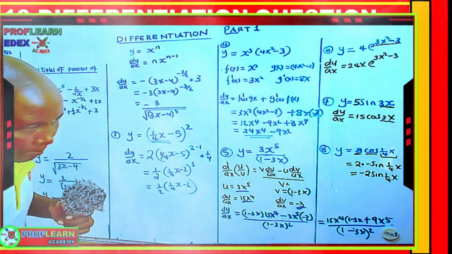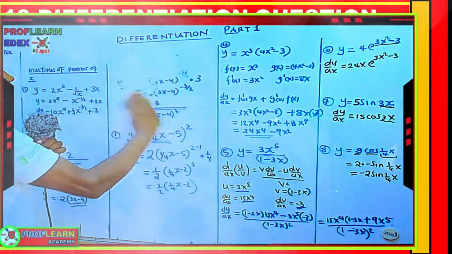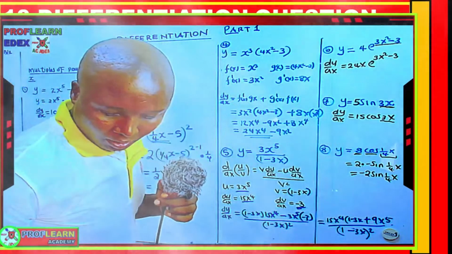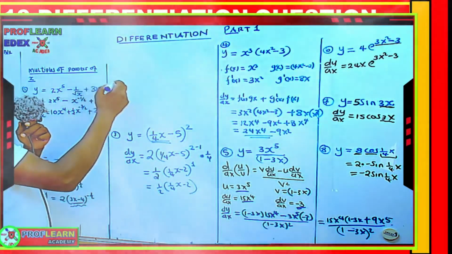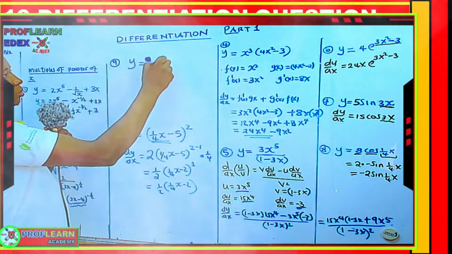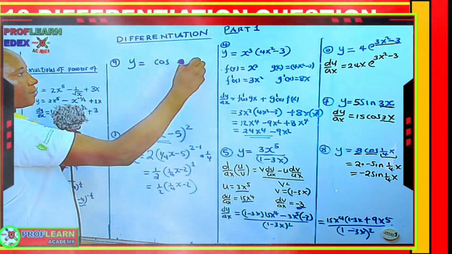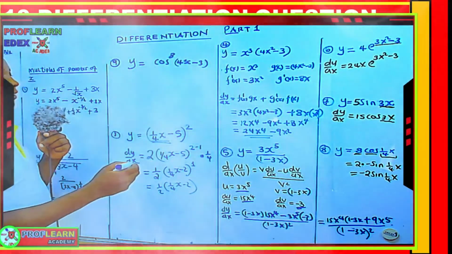And maybe to bring to your attention, if you are given a trigonometric function, maybe if you are given a question like this, let me add question number 9. If you are given y is equal to cos 4x minus 3, raised to power 8, how can you differentiate this?